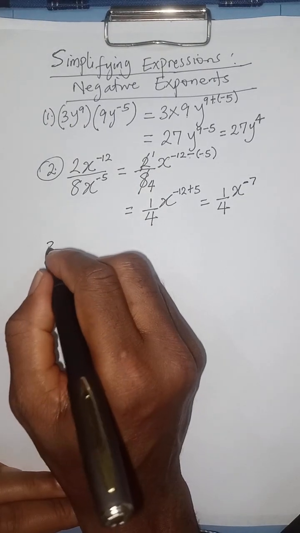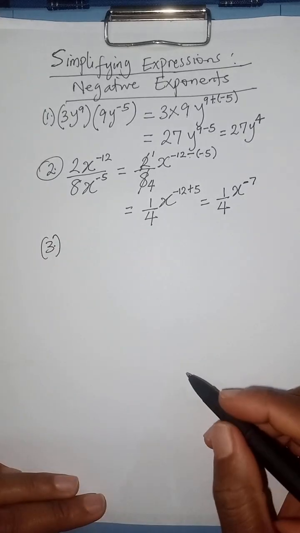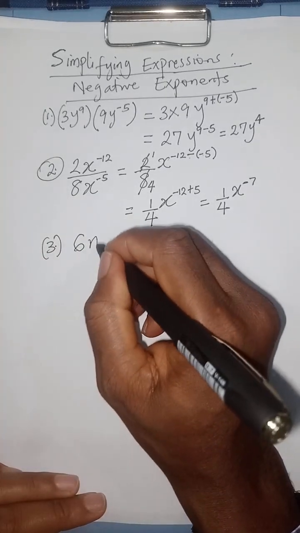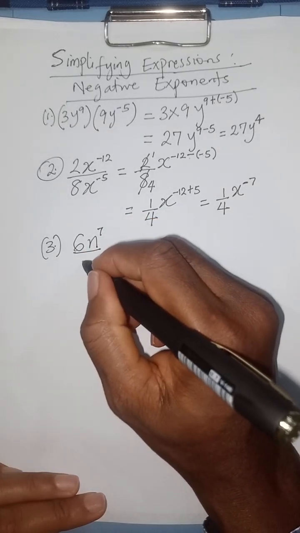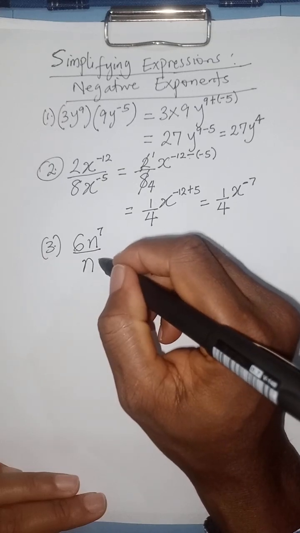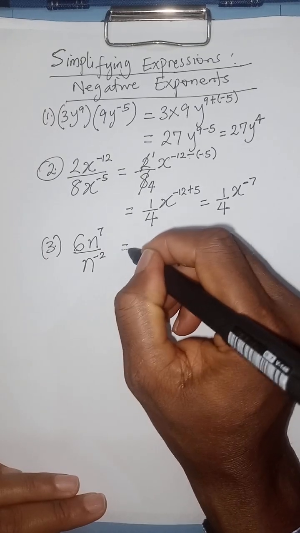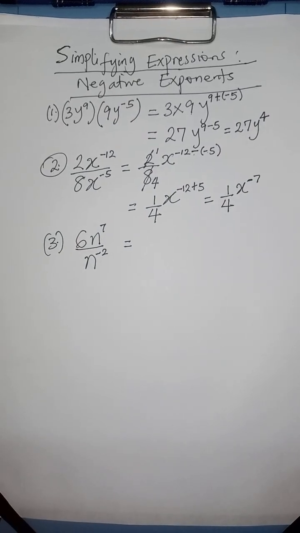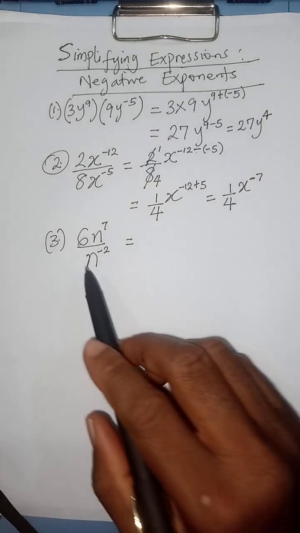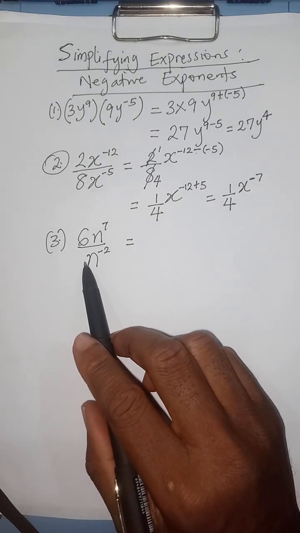Number 3. I have 6n raised to power 7 divide n raised to power minus 2. Now, in this case, I'm having coefficient 1 here.